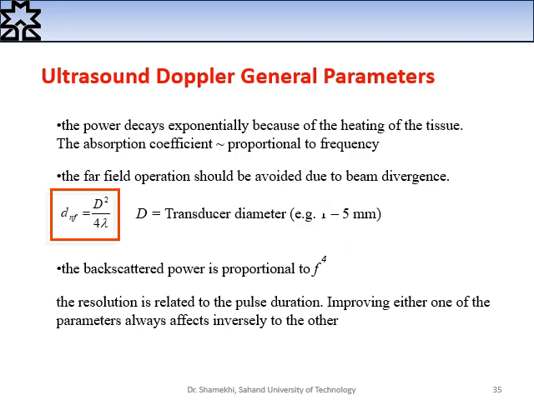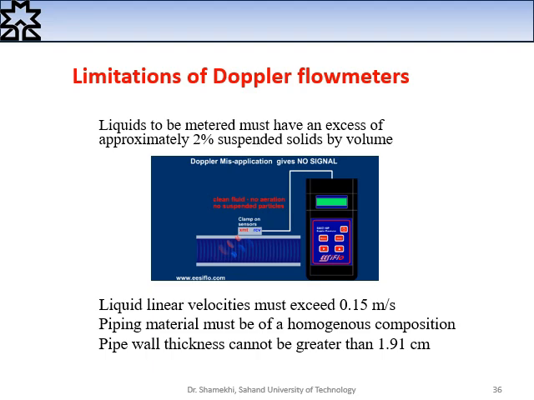We have some limitations of Doppler flow meters. The first one is related to the liquid. Liquids to be metered must have an excess of approximately 2% suspended solids by volume.